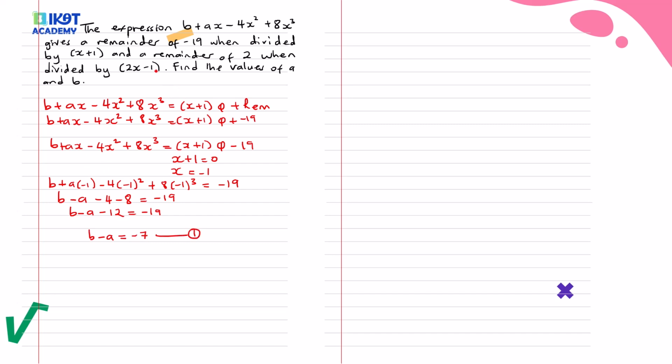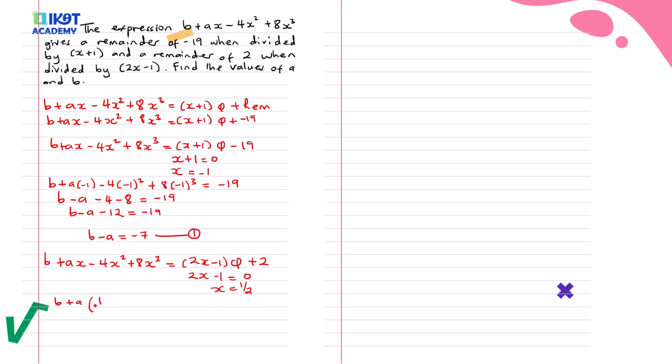Then now we go to the second part of our question. That says the expression gives a remainder of 2 when divided by this. So now go to the second part. b plus ax minus 4x squared plus 8x cubed is equals to, this term is being divided by 2x minus 1, it's giving a remainder of 2, so I can just add 2 here. So I equate this to 0, I get x is equals to half, so I just substitute this.